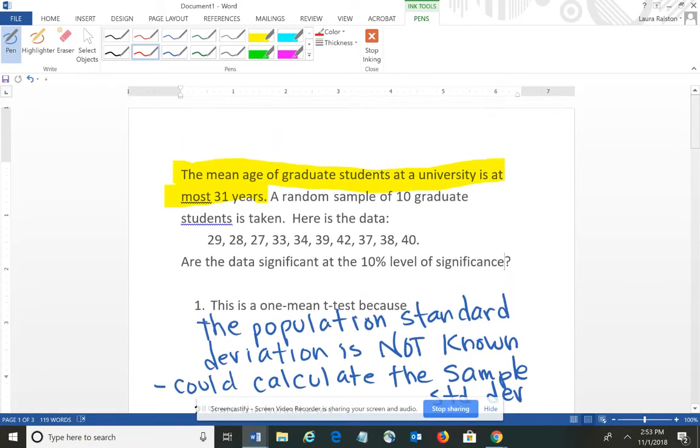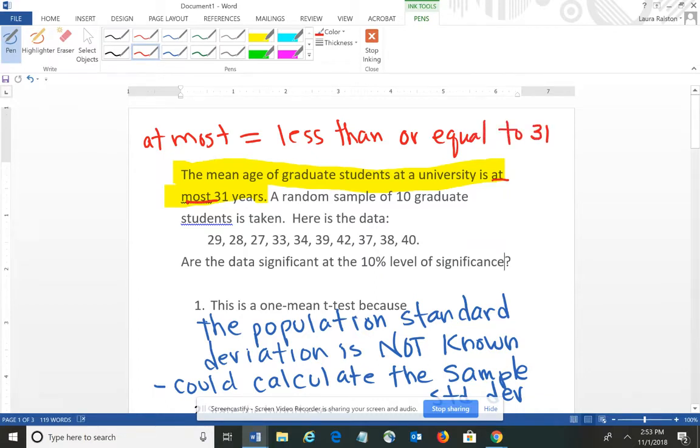At most, mathematically, means it is less than or equal to, in this case, 31.